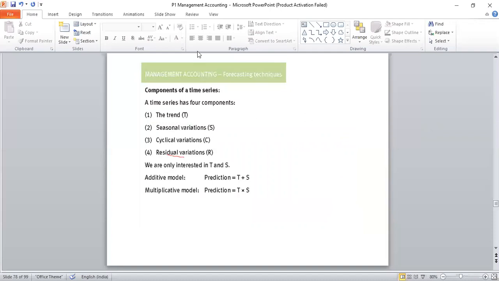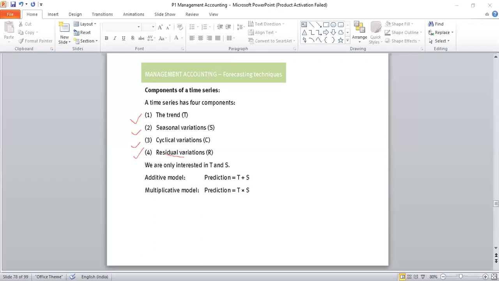A time series has 4 components. The first one is that the trend has to be established. Then the seasonal and the cyclical variations are taken. Any adjustments? After that, the residual variations which are there are also incorporated into the data, and the forecasting is taken up.